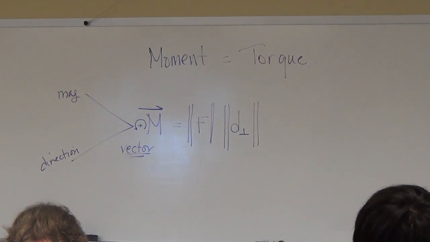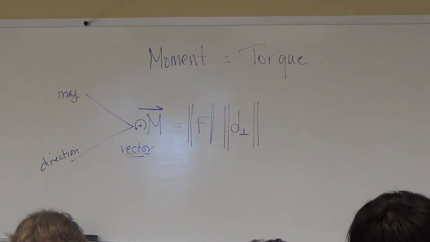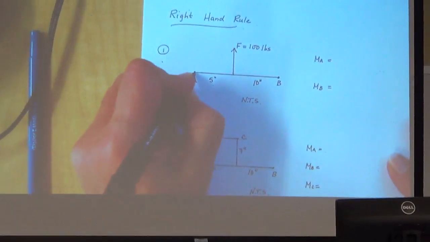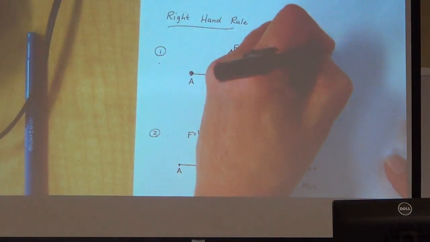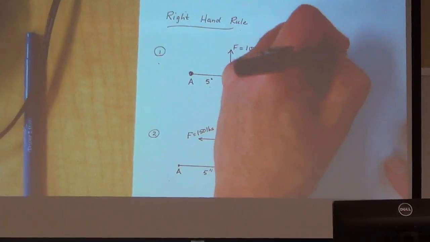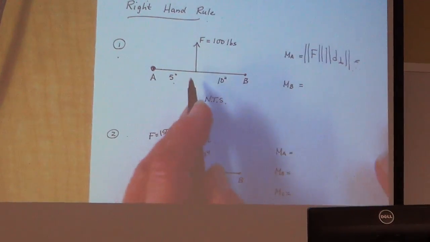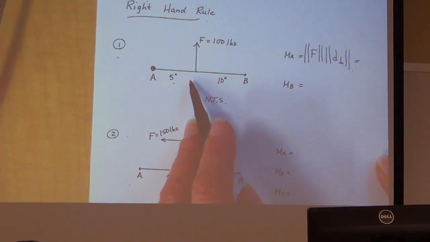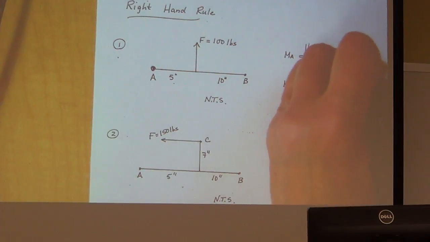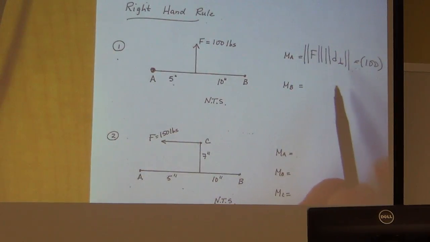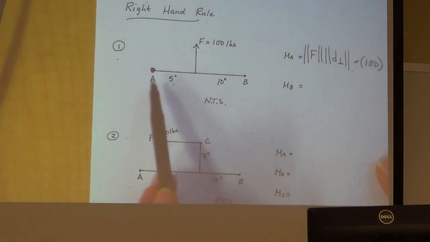So we are looking at problem number 1, and we are trying to find the moment about point A. Here's point A. We know it's the magnitude of the force times the magnitude of the perpendicular distance. So what is the force in this problem? 100. And what is the perpendicular distance from the force to point A?